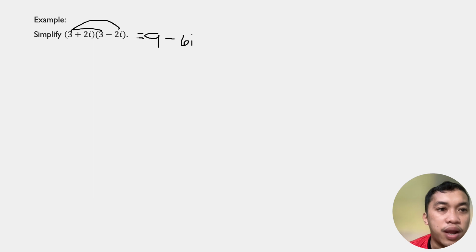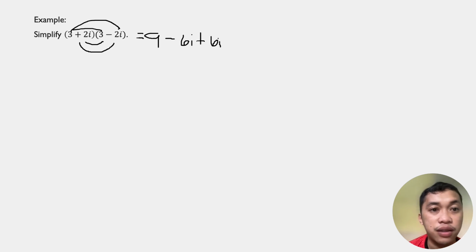Then 2i times 3 is equal to positive 6i. And lastly, positive 2i times negative 2i is negative 4i squared.